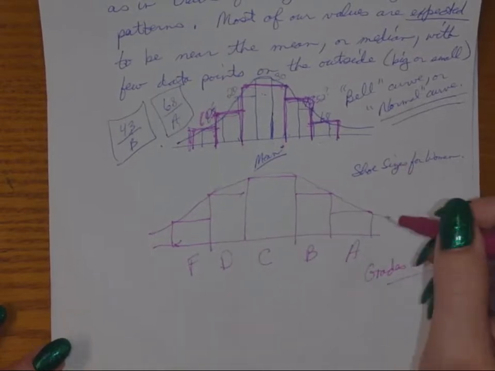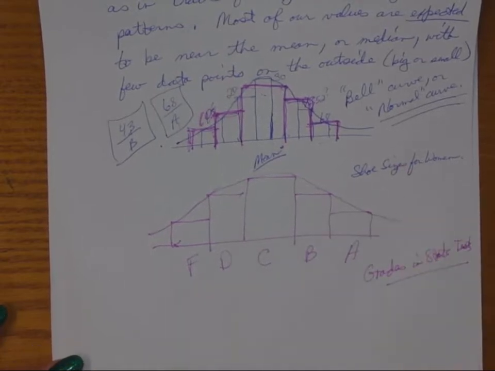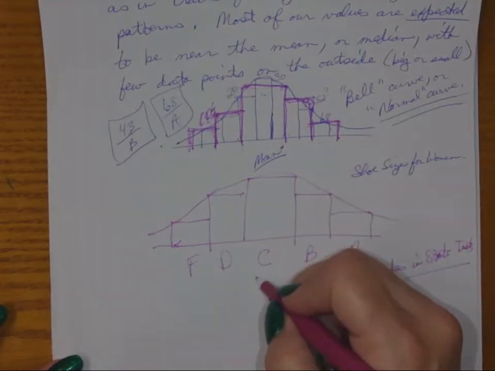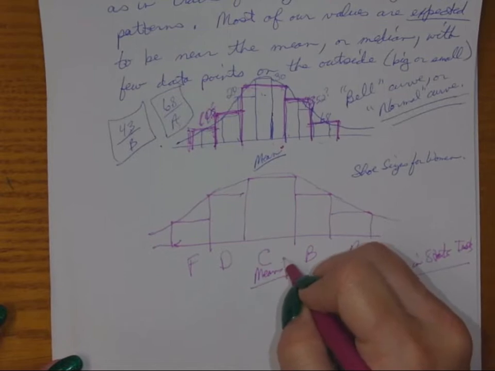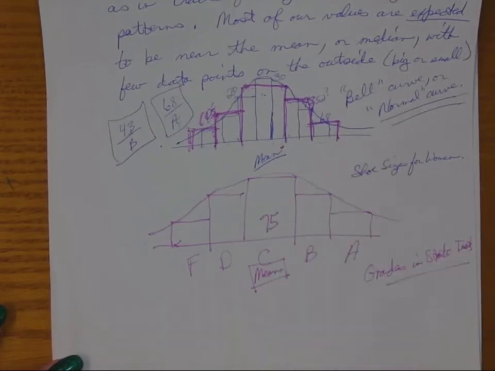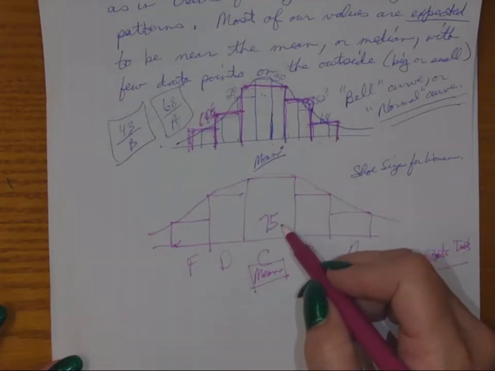Okay, if I said all my scores are up here in the A's and B's, but my average grade is, let's say my average, my mean, I'm going to stick that right in the middle. If my average was a 75, then now all of a sudden I've got a little bit of a range I can pull on, right?